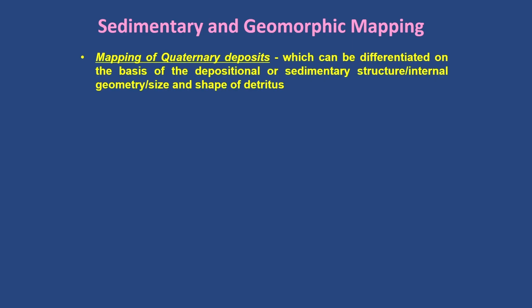Now, if we move further and look at the stratigraphy, the stratigraphic expression: if we are talking about sedimentary and geomorphic mapping, then it is the mapping of Quaternary deposits, which can be differentiated on the basis of depositional landform or sedimentary structures, internal geometry, size and shape.